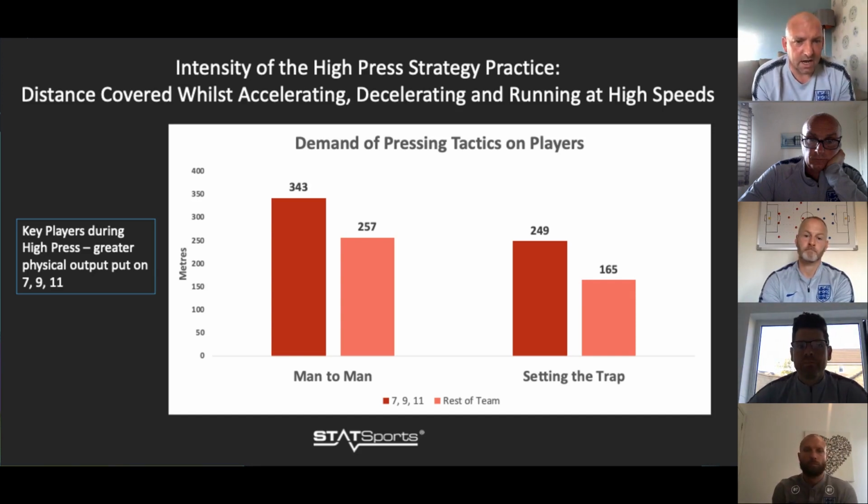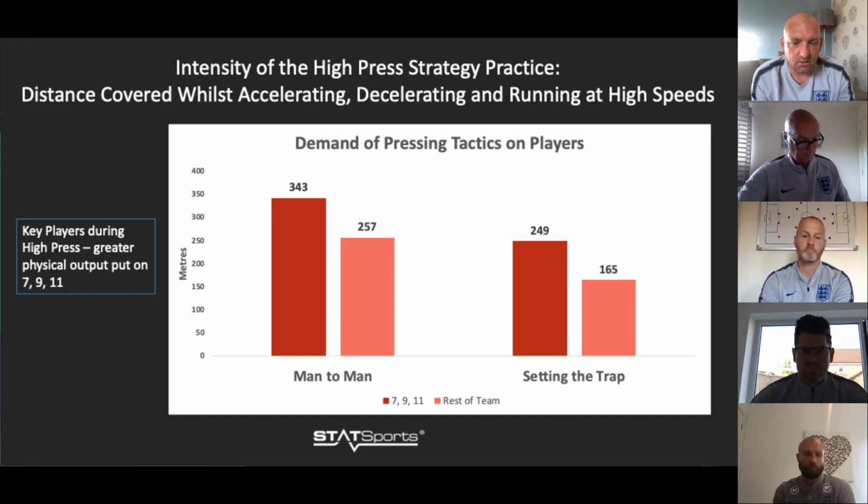So the red bars here are the 7, 9, and 11. So we had 3 forward players playing in the pressing team that you saw in the video. Relative to the rest of their teammates, they had to do significantly more work in accelerating, decelerating, and high-speed running. So again, that links back to the profile of your players that you've got in those forward positions.